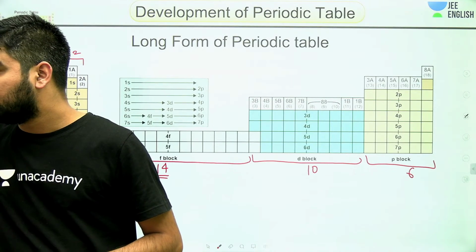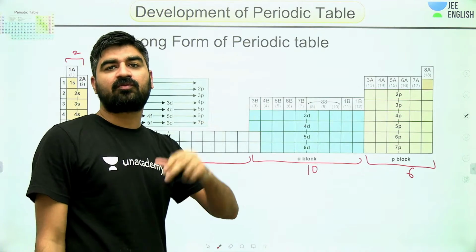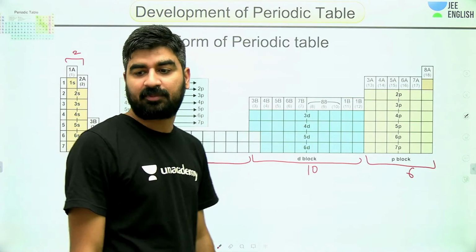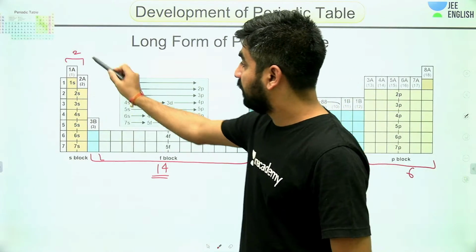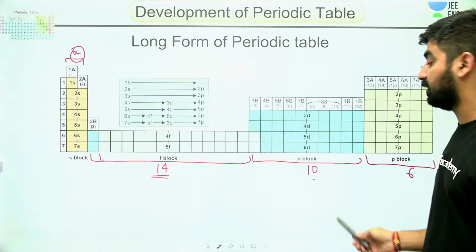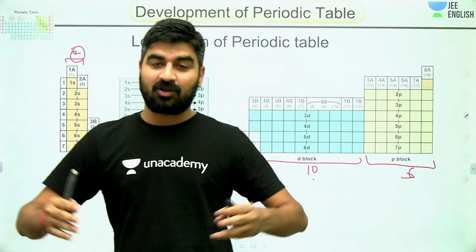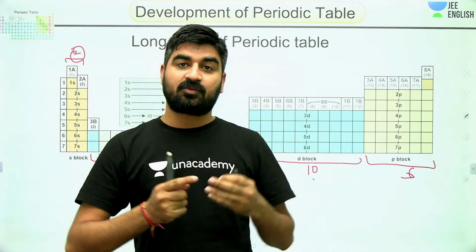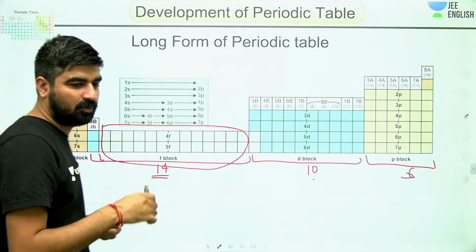Guys, why do we call it the long form? We have 2 plus 14, 16, plus 10, 26, plus 6, 32. So it's such a long table.